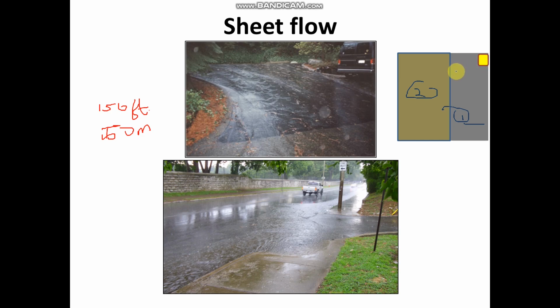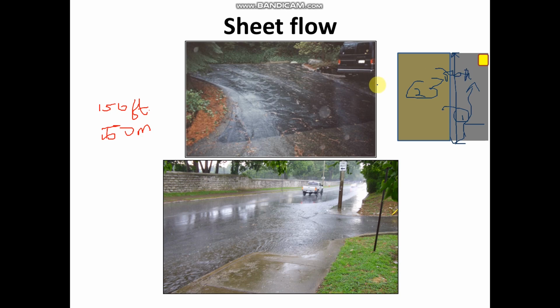Okay, so here the runoff from the roads and the land parcel are both intercepted, and the total length of travel of the rainwater or runoff water is less than 50 meters or 150 feet.